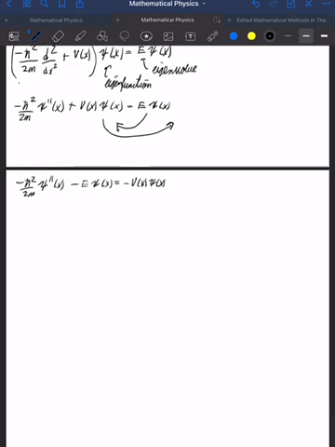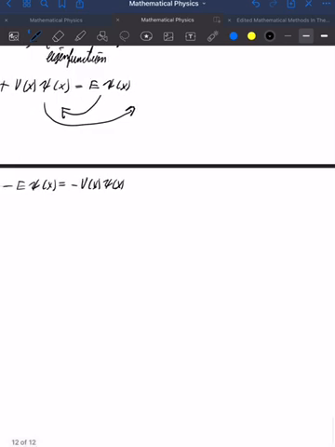What you want to do is let psi of x equal the Fourier integral of its Fourier transform. So remember that a function f of x is equal to the integral from minus infinity to infinity of g of alpha times e to the i alpha x d alpha, where g of alpha is the Fourier transform of f of x.